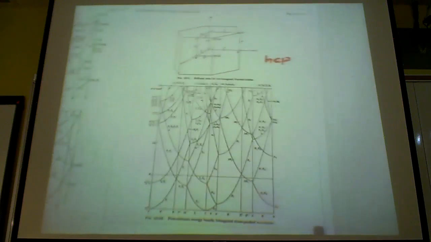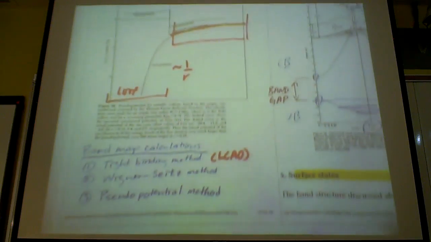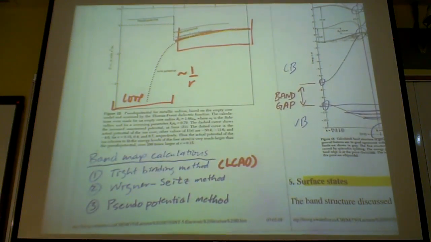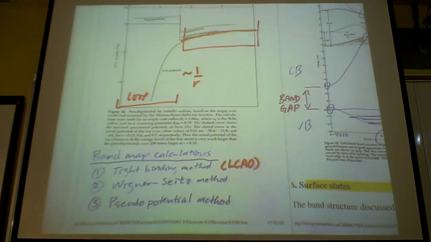Now, how do you calculate some of these things, this band structure? Just very briefly, I'd like to mention some words so that you may hear them in future when people are talking about band structure calculation. There are usually 3 methods called the tight binding method, Wigner-Seitz method, and pseudopotential method.